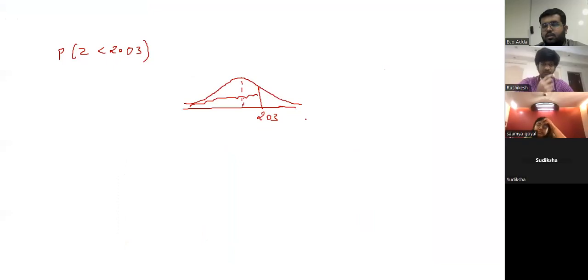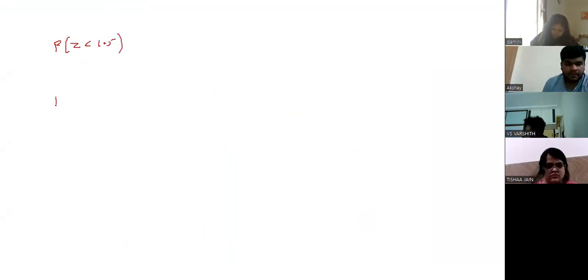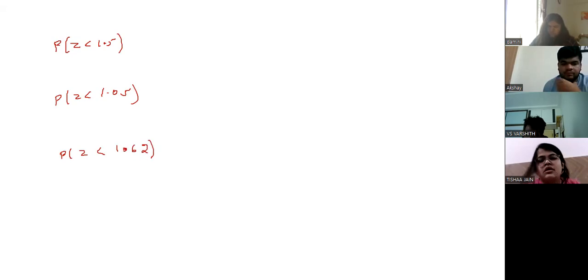Diksha, is it clear? Yes, reading the table now it's clear. Sure. So guys, can you please find the value of probability z is less than 1.5, and then probability z is less than 1.05, then probability z is less than 1.62. Can you find all these three probabilities?